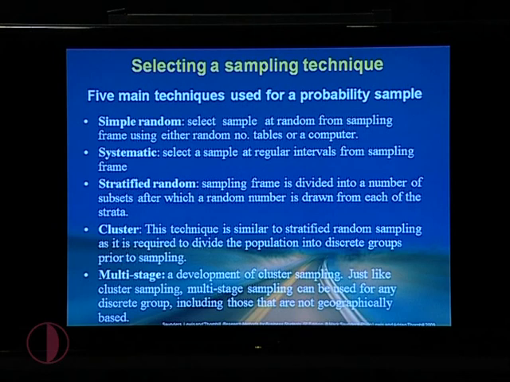So the 5 main techniques used for probability sampling, adopted by most researchers, are: to select randomly from your population through some computer program, or systematic. Let's say you number the participants from 0 to 200, then maybe you choose every 5th one.